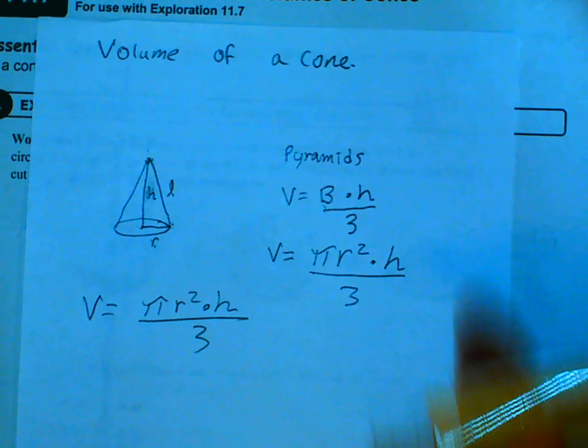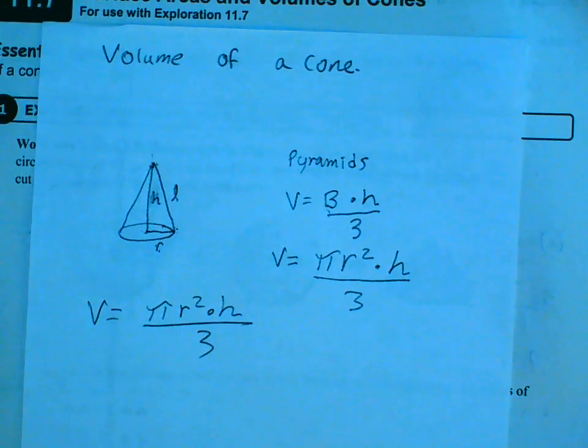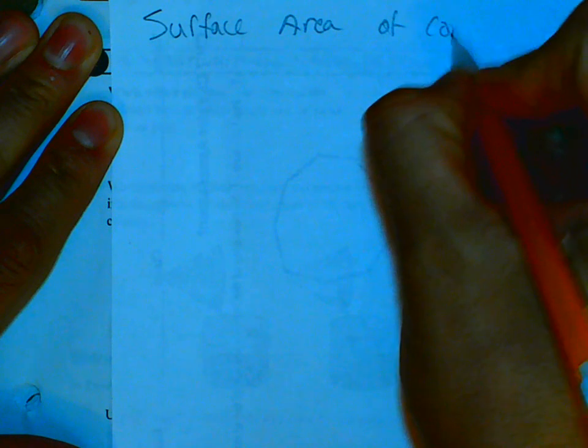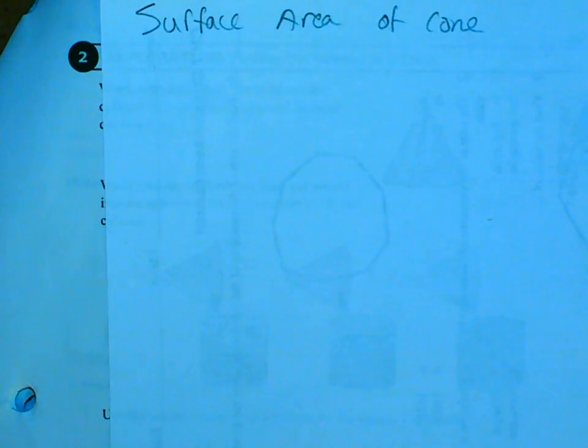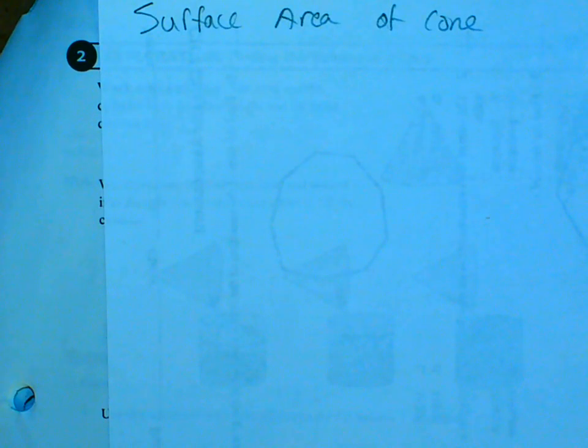For the next piece, we're going to turn to page 345. On this page, we're going to talk about the surface area of a cone. The surface area is the sum of the base plus the lateral area.